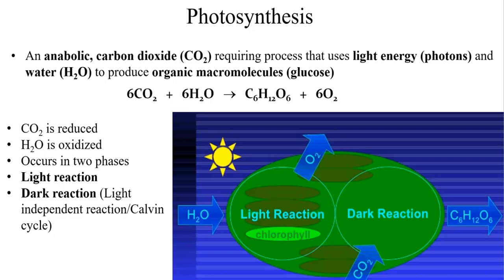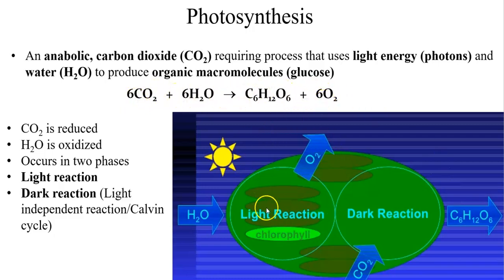So you can see the overall reaction. The first part shows the light reaction where water is accepted by the chlorophyll, that is, the photosynthetic pigments in the chloroplast, and oxygen is released. In the dark reaction part, the carbon dioxide is reduced. So this gives the overall reaction of photosynthesis.